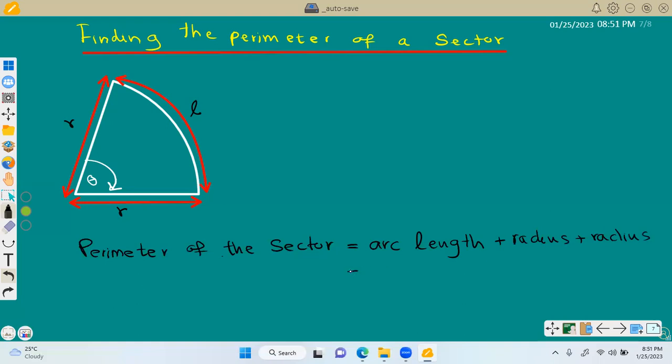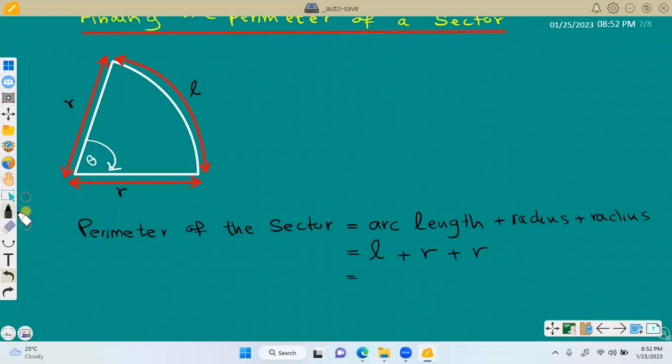Okay, then if we use the symbols that we have denoted, the arc length is L, radius is R. That means the perimeter, if I denote perimeter by simply P, then P is equal to L plus 2R.